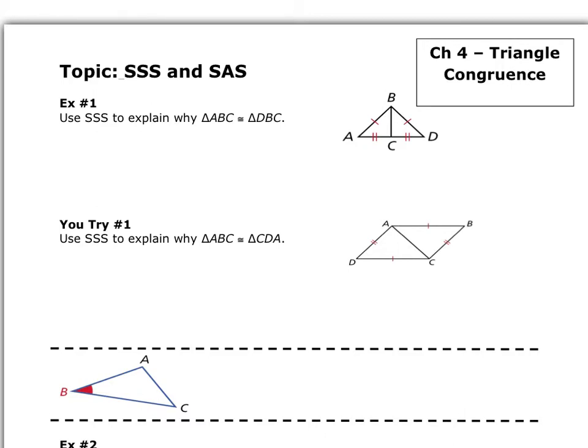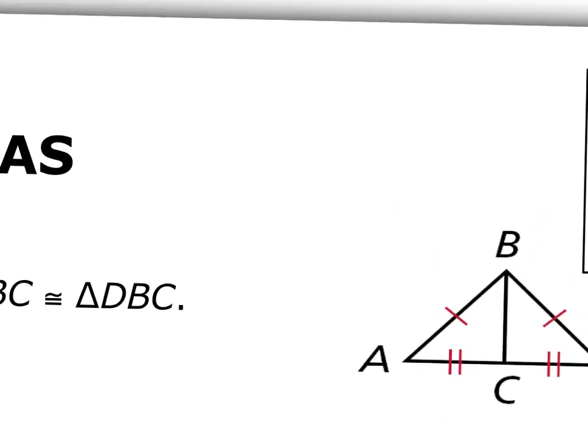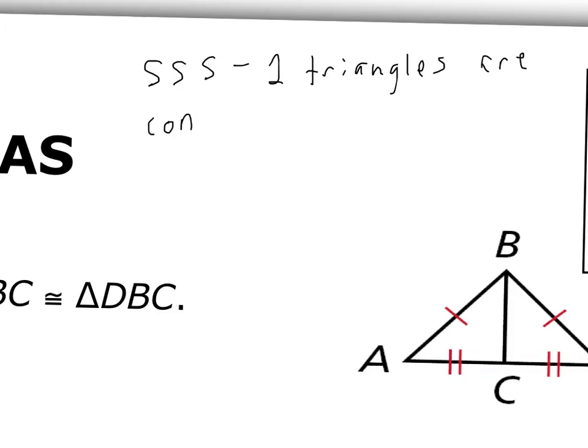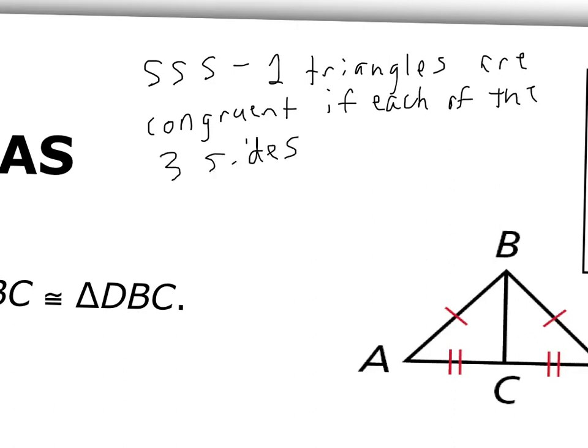Okay, so the first one that you're going to be talking about today is called the SSS property. Okay, what this suggests is that two triangles are congruent if each of the three sides are congruent.